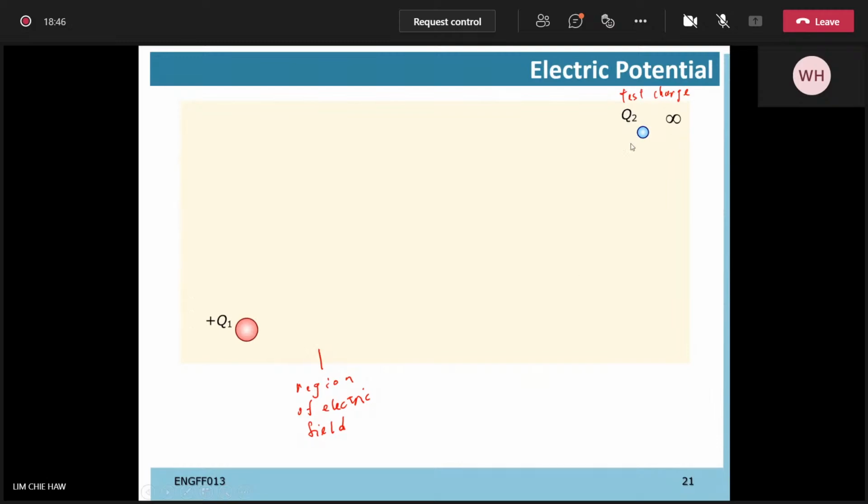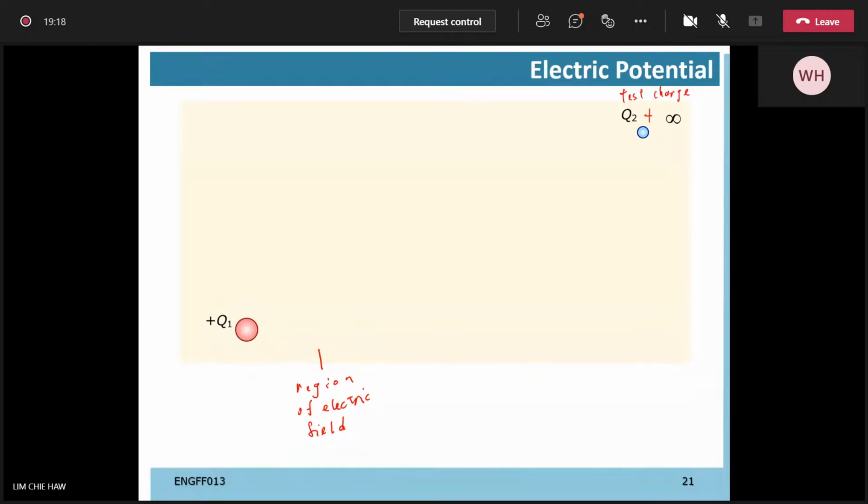At first we put this Q2 at infinity, which means very, very far away from Q1. Now, let's say Q2 is also a positive charge. If you want to bring this positive charge near to Q1, we learned the nature of charges before, right?